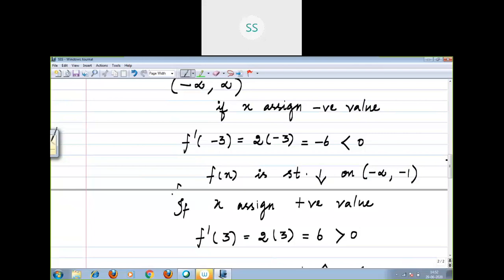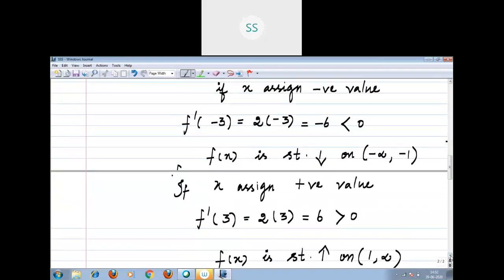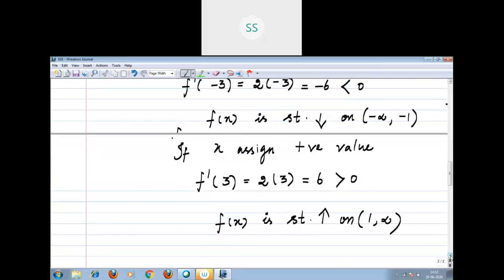That means f dash of 3 is equal to 2 into 3, which is equal to 6. Definitely it is greater than 0. Therefore, the function is strictly increasing on the open interval 1 comma infinity. At x equal to 0, the derivative attains 0.